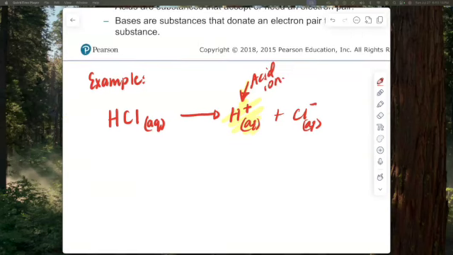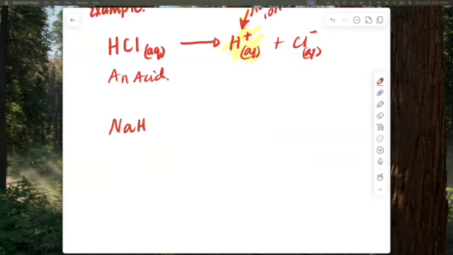So just because the formula has a hydrogen does not make it an acid. For example, this is then an acid. While I'm here, just in case you're wondering, let me give you an example of a formula, sodium hydride. This obviously has a hydrogen in it. It's easy for us to speculate and say, hey, this is an acid.